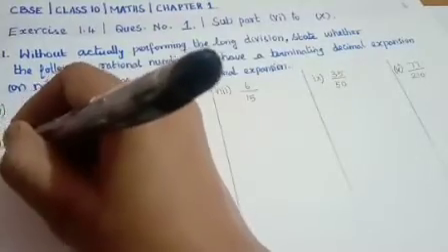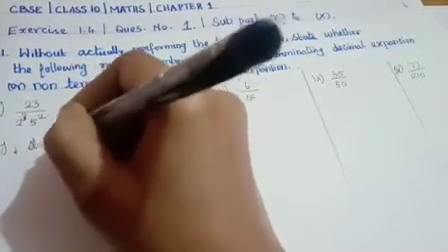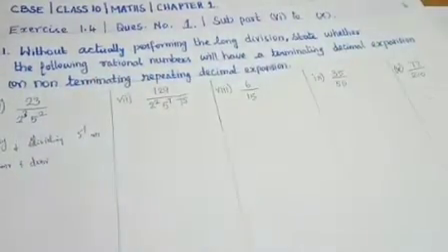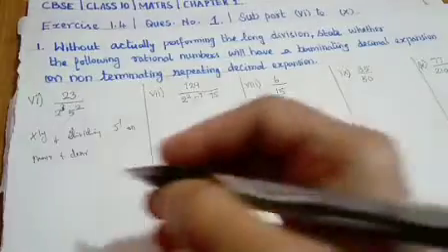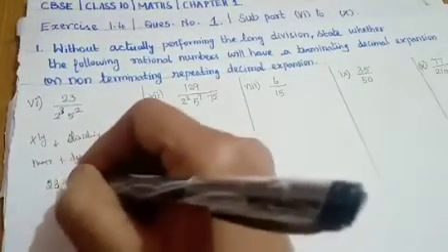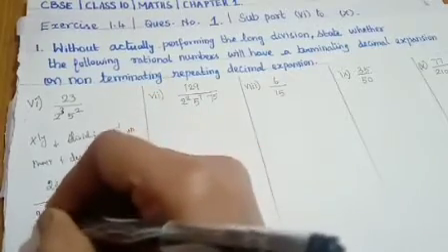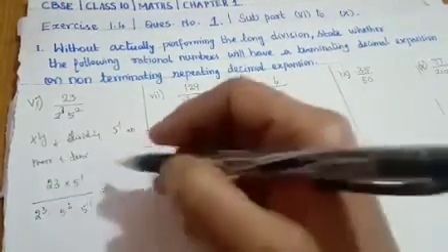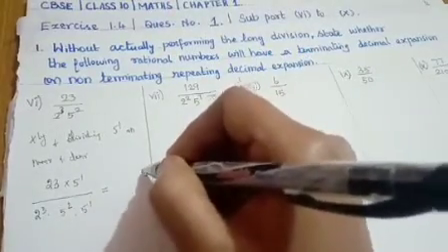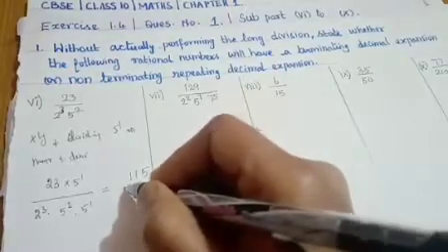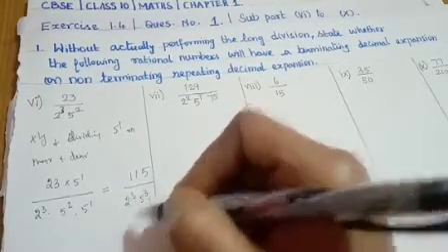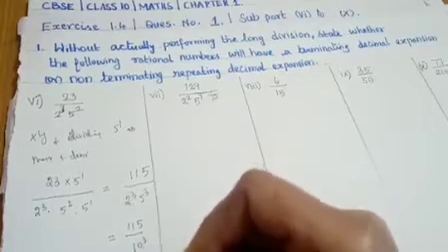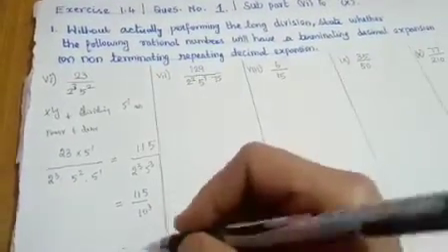So multiplying and dividing 5 power 1 on numerator and denominator, we get 23 into 5 power 1 divided by 2 power 3 into 5 power 2 into 5 power 1. 23 times 5 is 115, divided by 2 power 3 into 5 power 3, which is equal to 10 power 3. 10 power 3 is nothing but 1000.